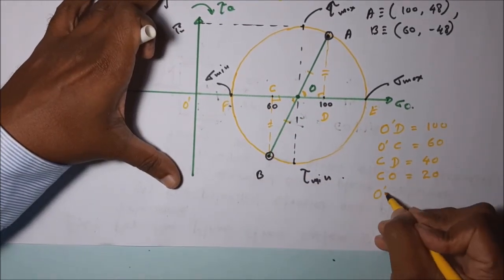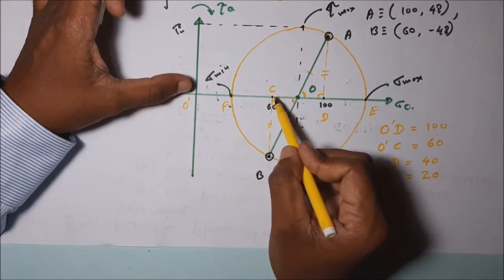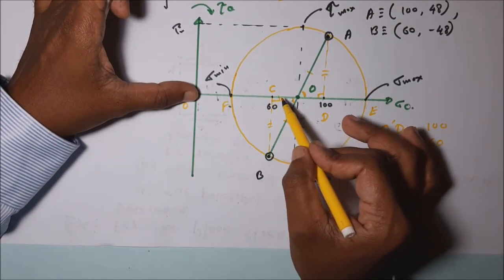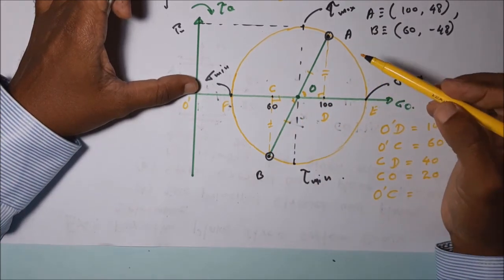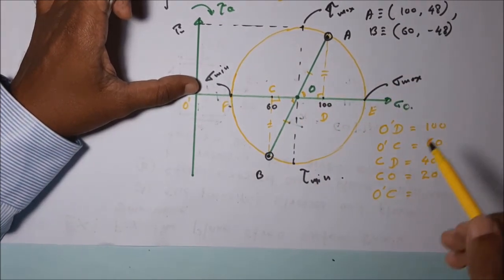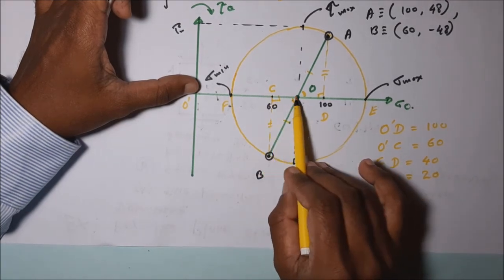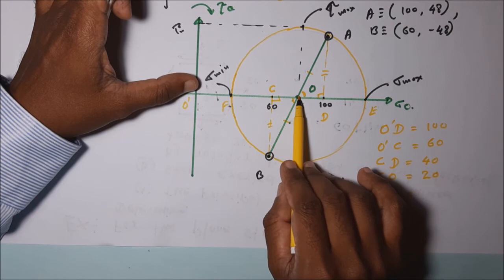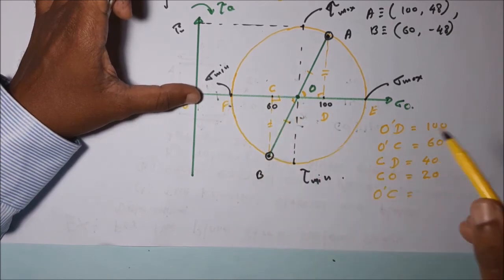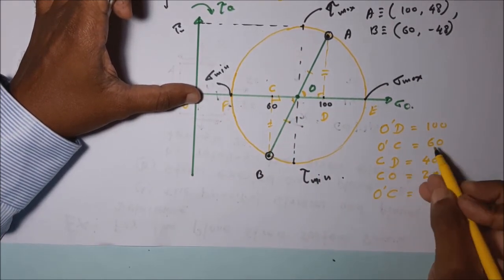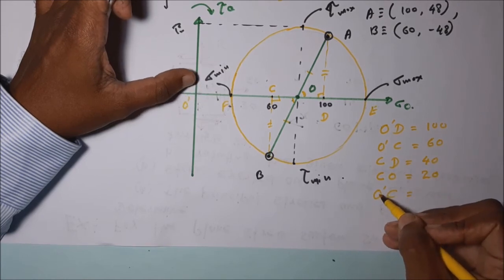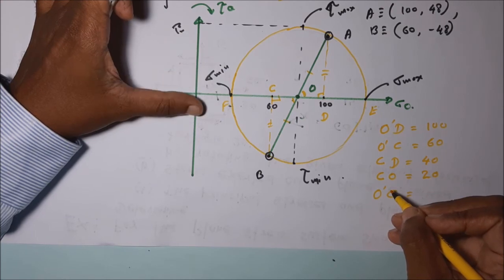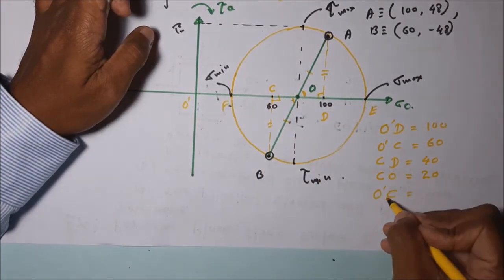If this is 20, what is O dash C? CO is equal to 20. Then O dash C is 60. Then what is O dash F? How to find O dash F?